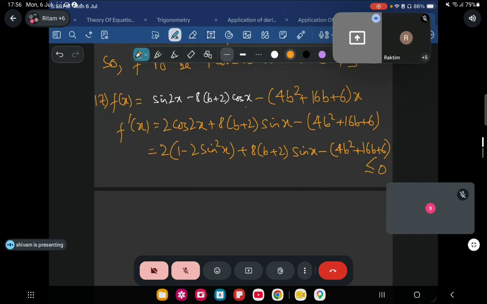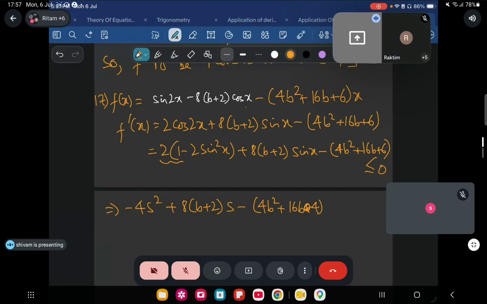So first of all, let us simplify. These two will go inside. It will become, pay attention, minus 4 sine square x plus 8 into b plus 2 into sine x minus, these two will go inside, 4b square plus 16b plus 4.